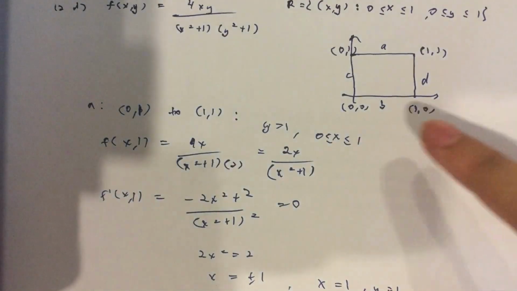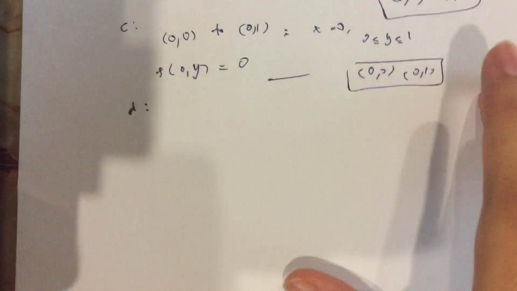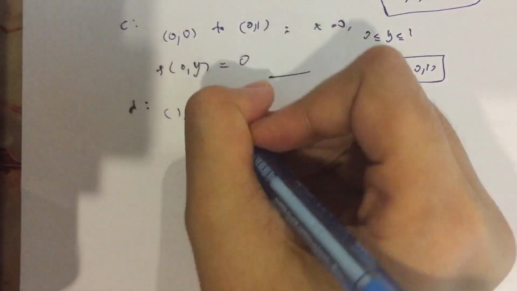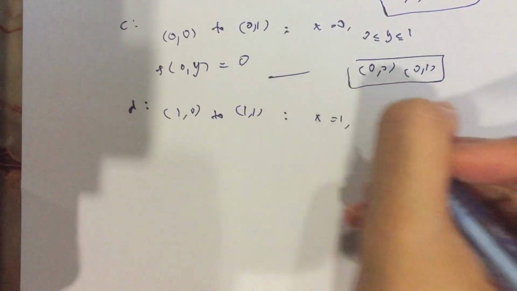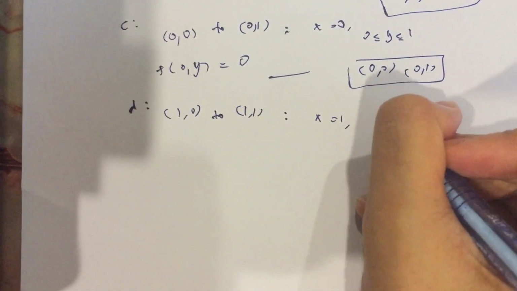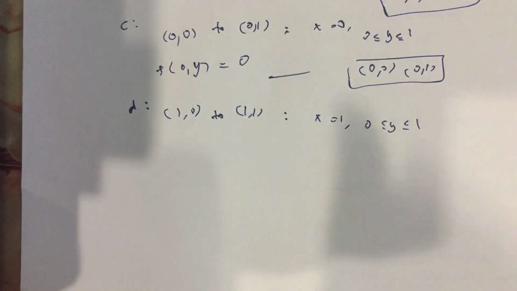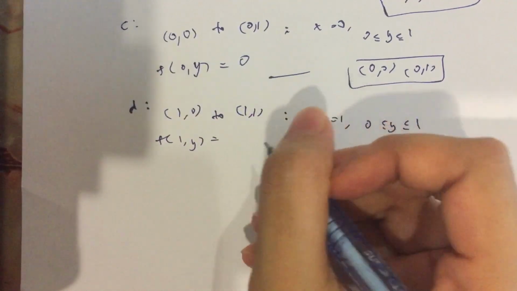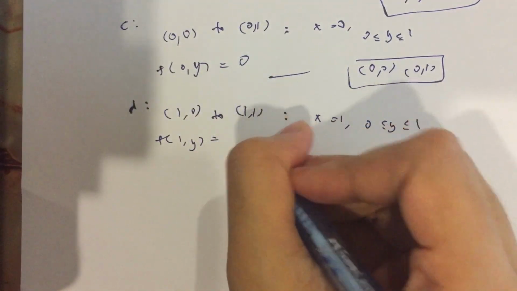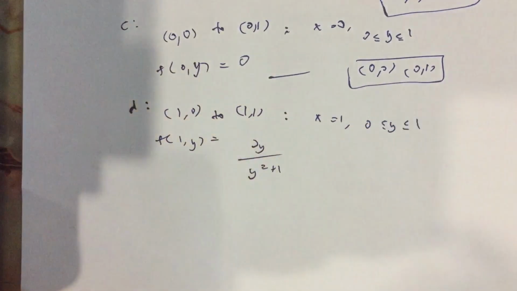So for D, we have from 1, 0 to 1, 1. So this means that x is equals to 1, and then y is in between 0 to 1. So if we substitute f of 1, y, so this give 2y over y squared plus 1.